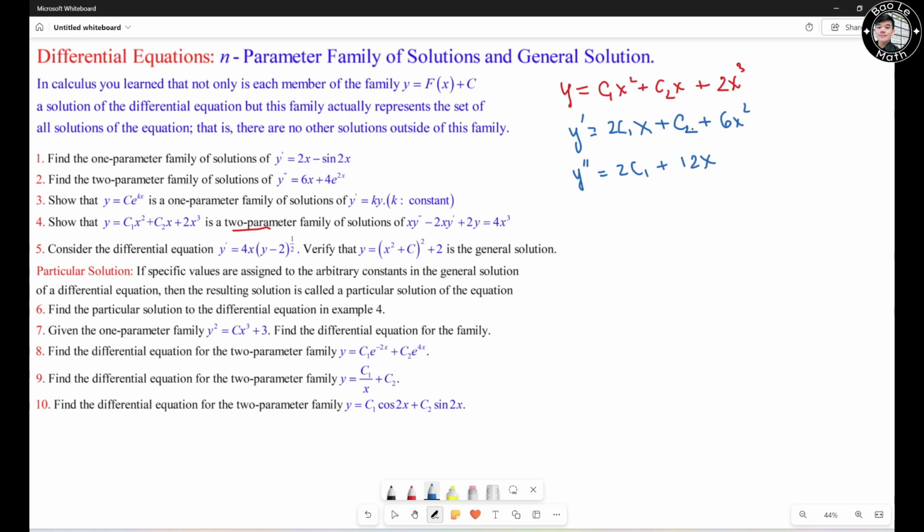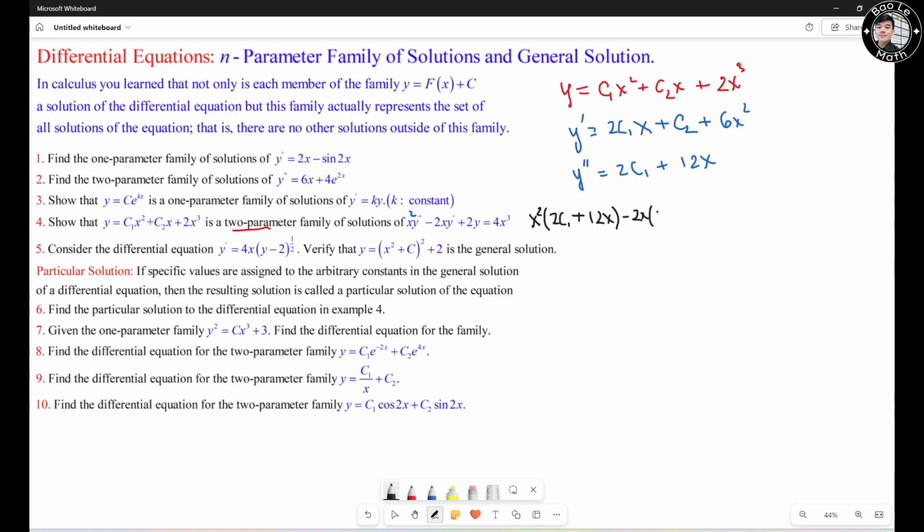The derivative of this equals 0. Now I'm going to substitute every single thing right here into this equation and verify if both sides are the same. So I have s squared times y double prime. Y double prime is right here, so it's 2c1 plus 12s, minus 2s times y prime.